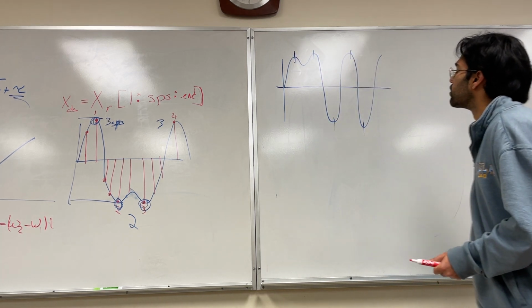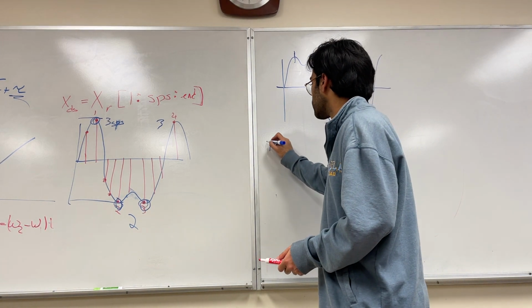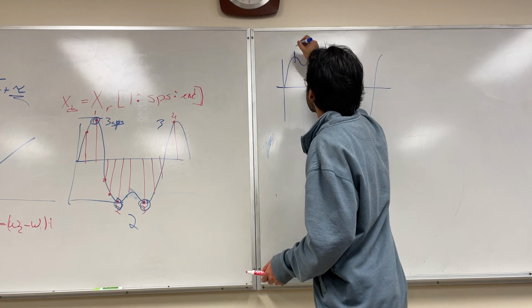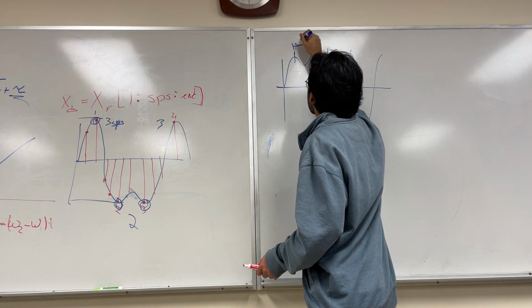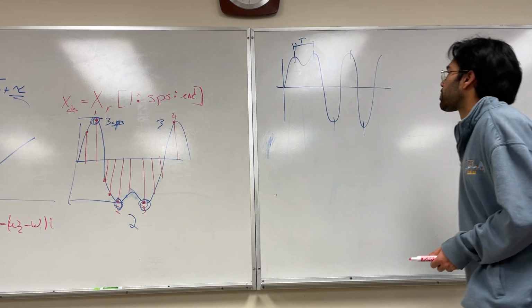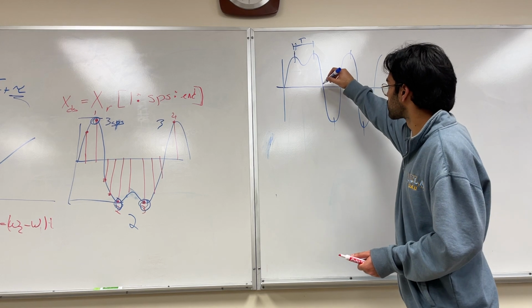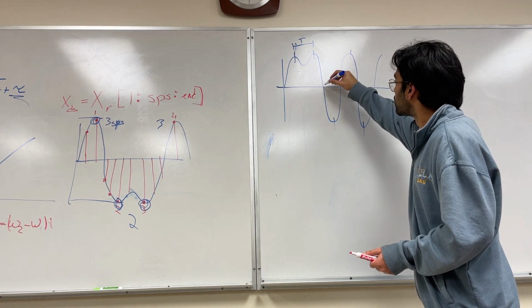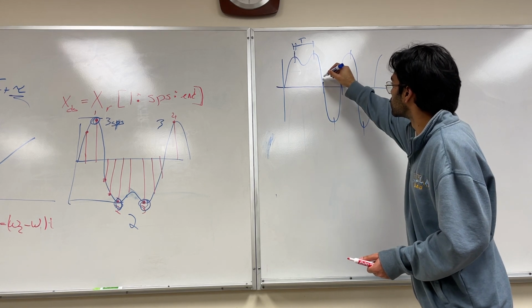And these are all separated by period t, right? Write this out as t. Okay. Another thing you can argue is that this is also correct. The distance between here and here is also t.